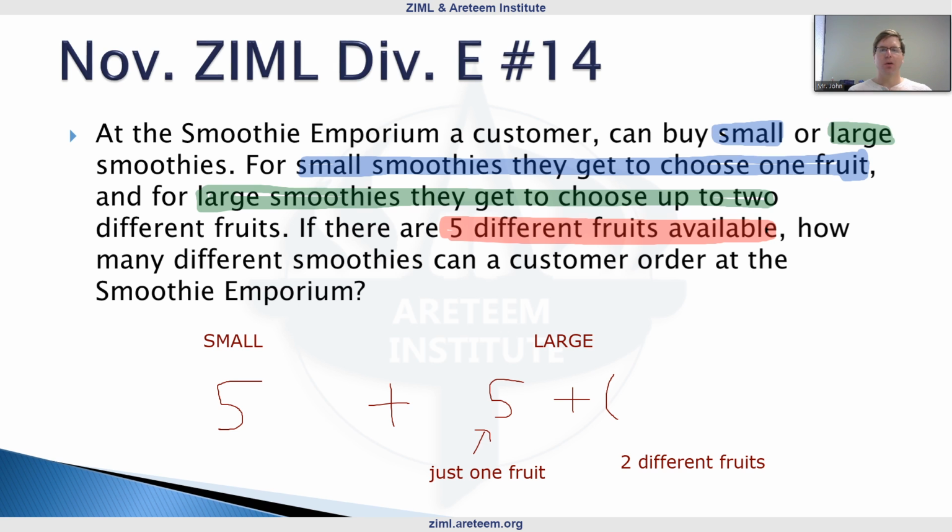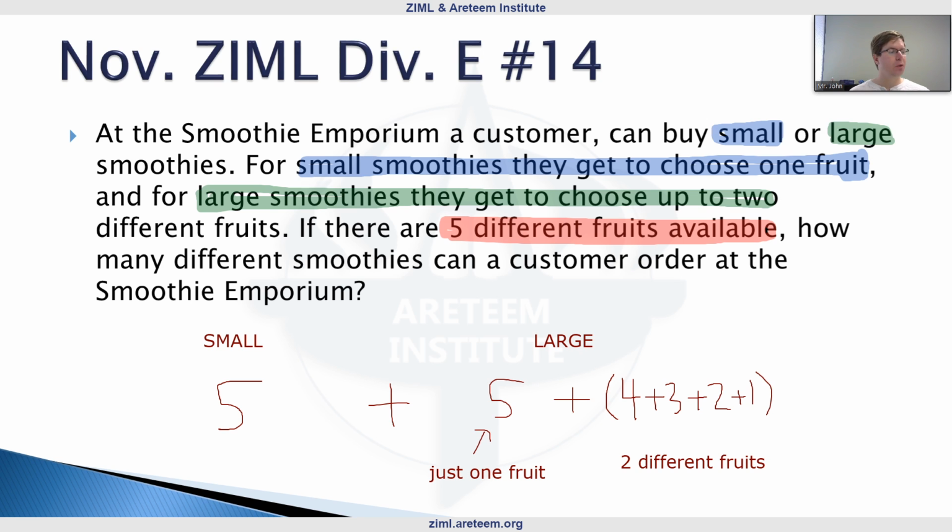Maybe you want strawberry and then any of the other four. Now, the second fruit: we already paired it with one of the fruits, so it could be paired with three other ones. So in this case, we're going to have 4 plus 3 plus 2 plus 1.